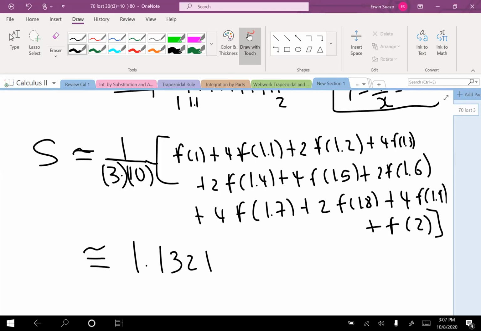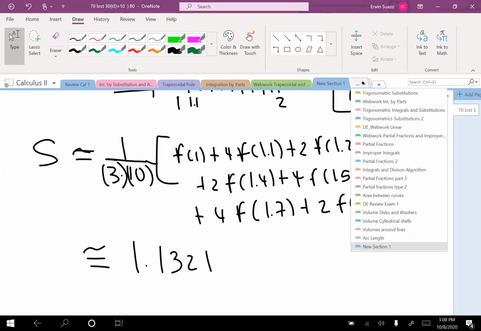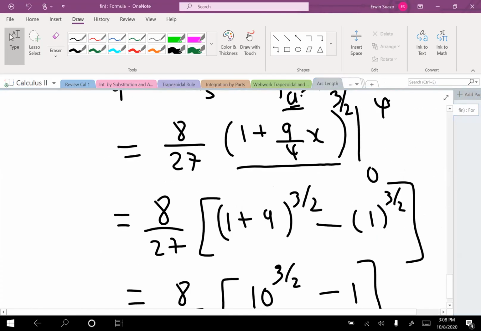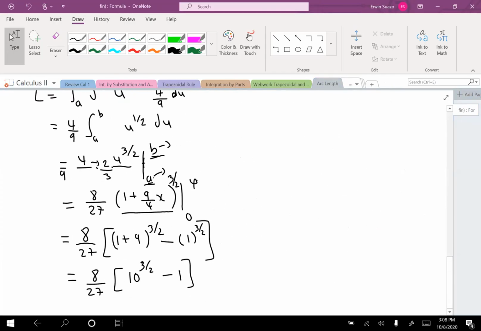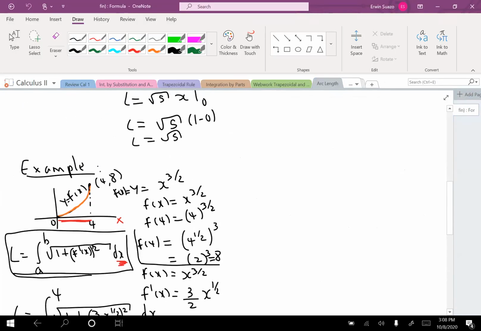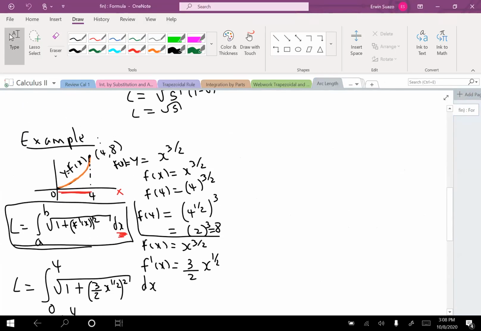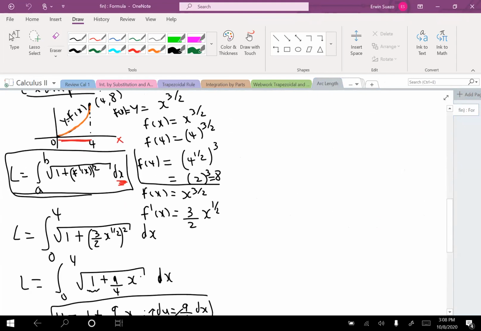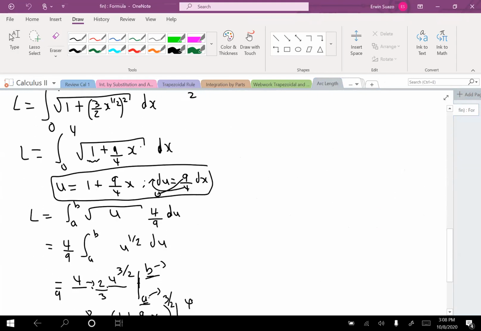So the problems we did in the previous class for arc length, you could also use Simpson's rule for the exam. If you want, you could use Simpson's rule, although this one is really easy, it's just substitution.